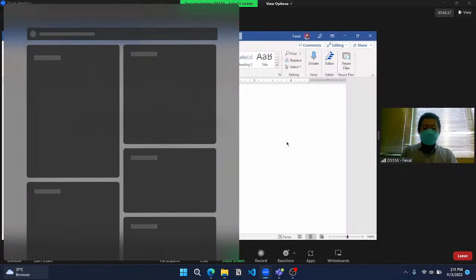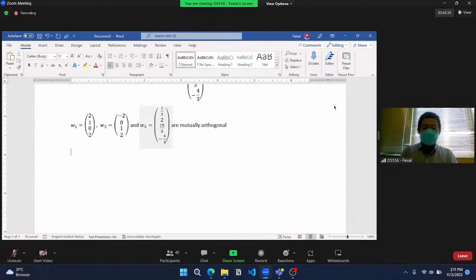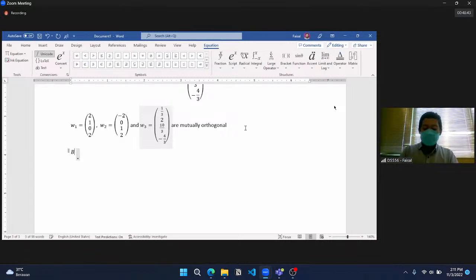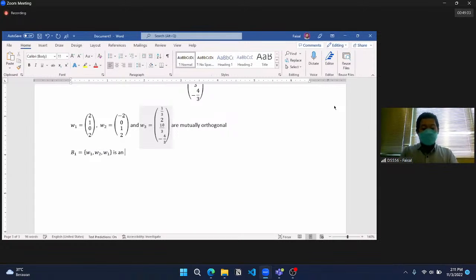Then these three vectors, let's say B1 is W1, W2, and W3. Now this set is an orthogonal basis.